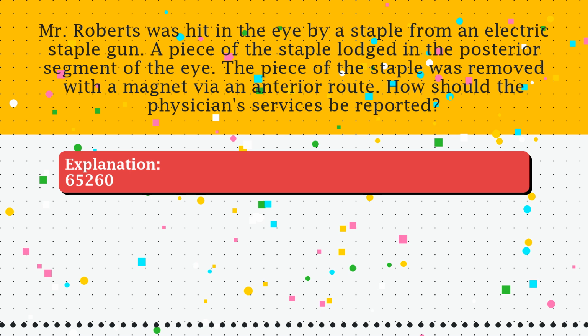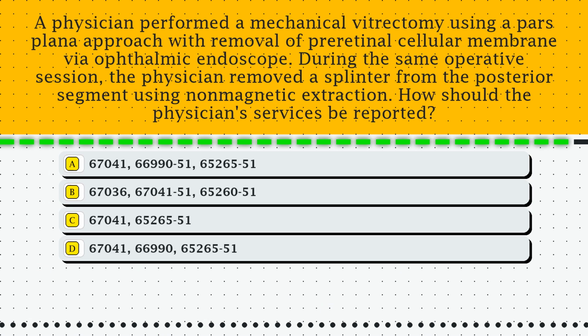Question 93. A physician performed a mechanical vitrectomy using a pars plana approach with removal of preretinal cellular membrane via ophthalmic endoscope. During the same operative session, the physician removed a splinter from the posterior segment using non-magnetic extraction. How should the physician's services be reported? Option A, 67,041, 66,990 to 51, 65,265 to 51.